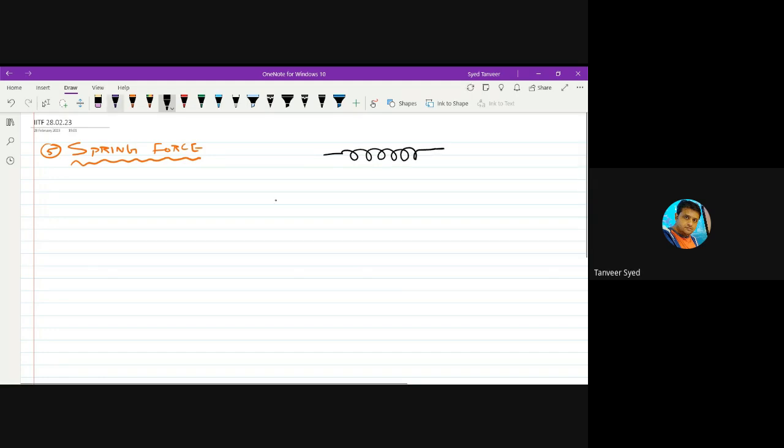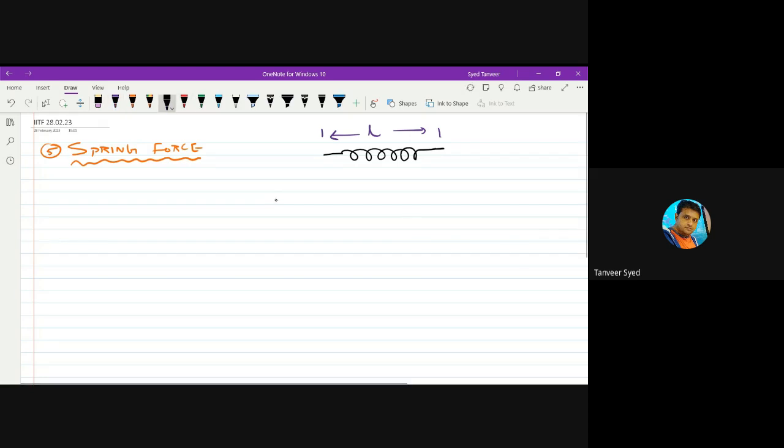Natural length means when it is neither elongated nor compressed, the length of the spring. Let us say this is some L. L is the natural length of this spring. Okay.